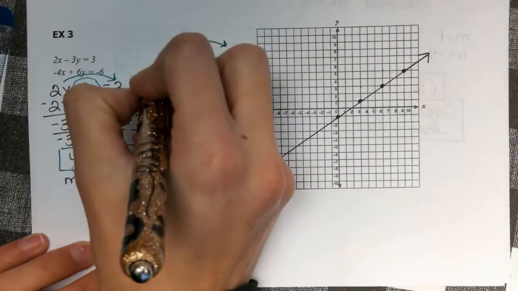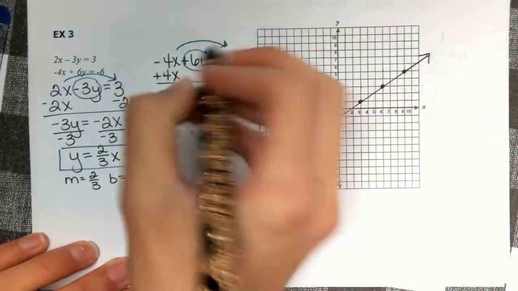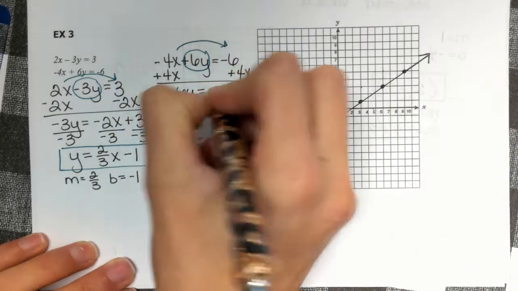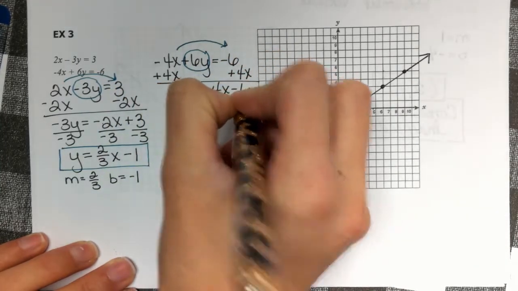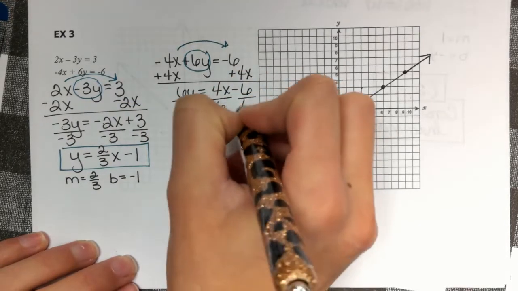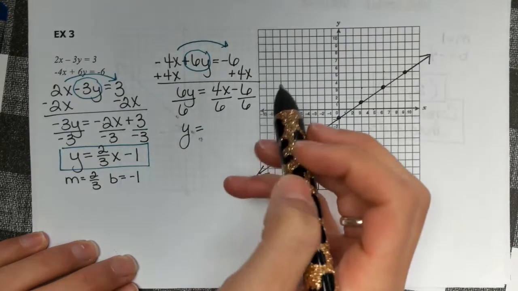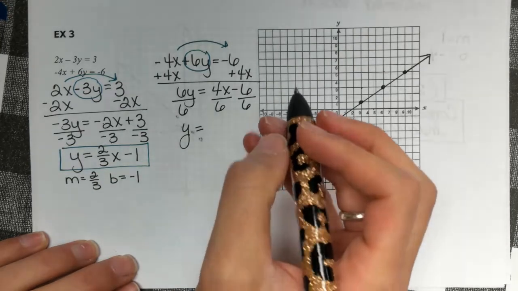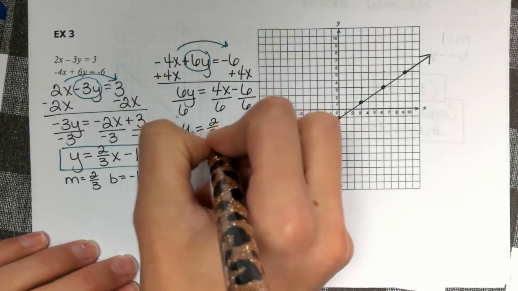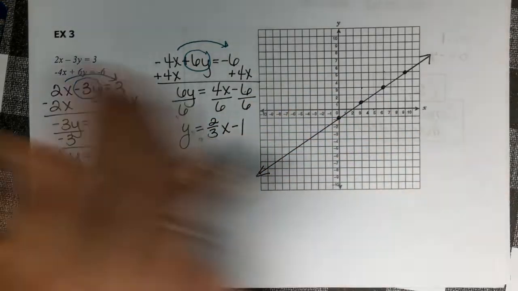I'm going to add 4x. 6y is equal to 4x minus 6. And then divide each term by 6. So y will equal 4 divided by 6 simplifies to 2/3 x. Negative 6 divided by 6 gives me a negative 1 again.